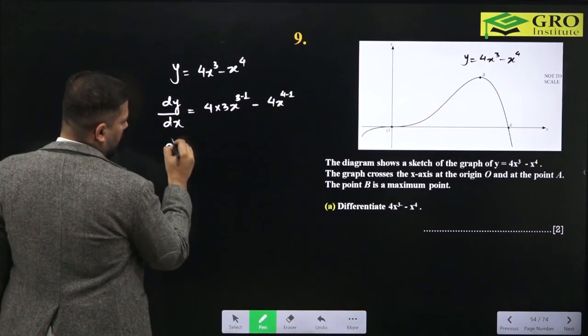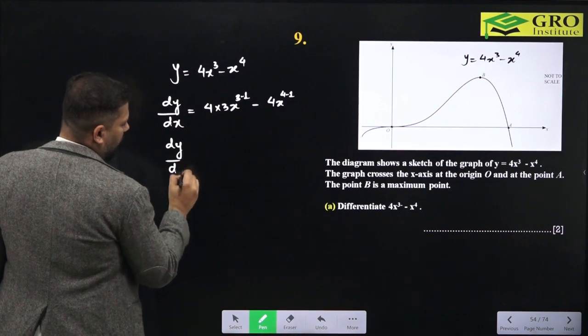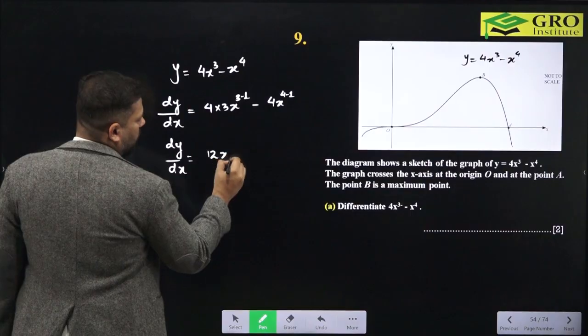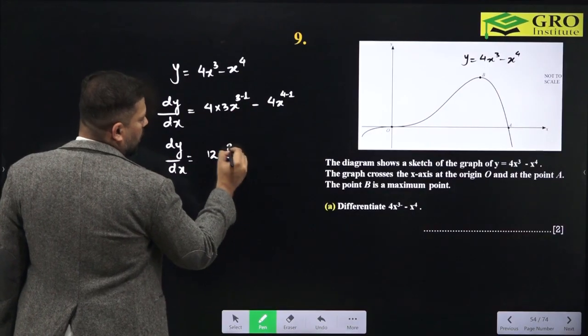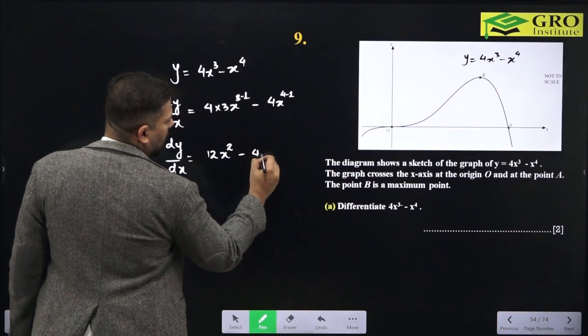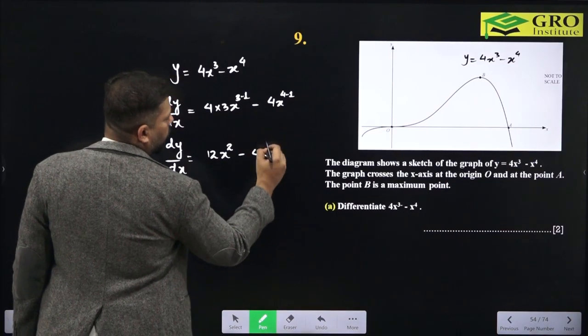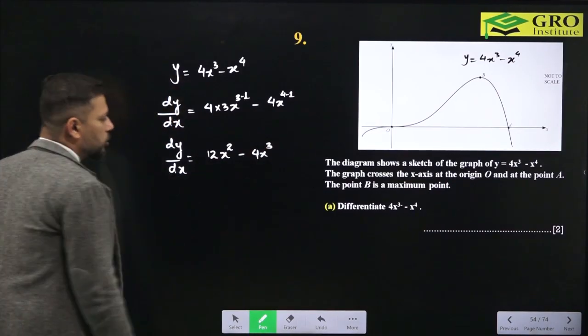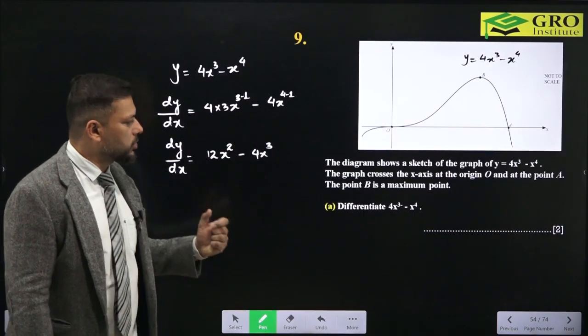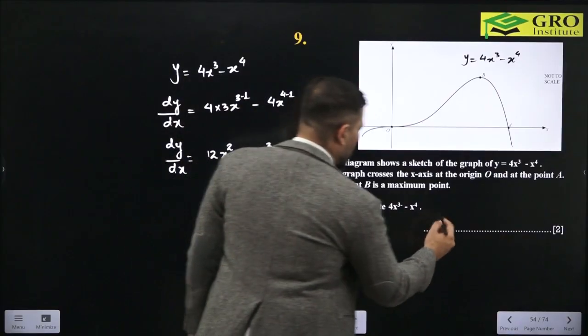If we solve it, we get dy by dx as 4 times 3 is 12, and 3 minus 1 is 2. So it is 12x square minus 4x, and its exponent is 4 minus 1, that is 3. So this is the required differentiation of the given equation. That is what we will write over here.